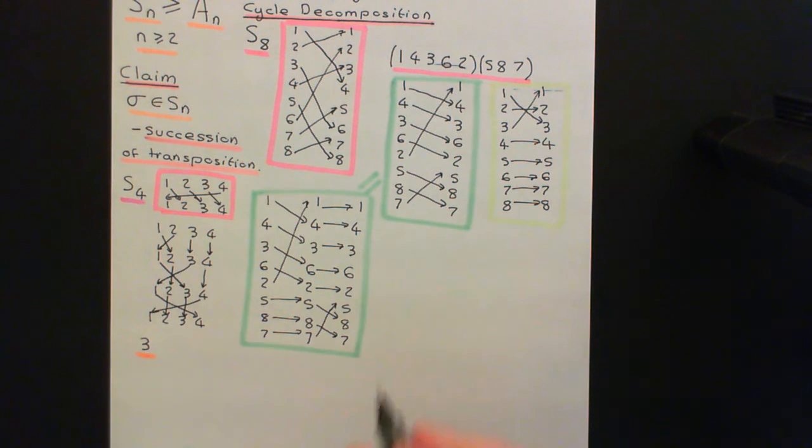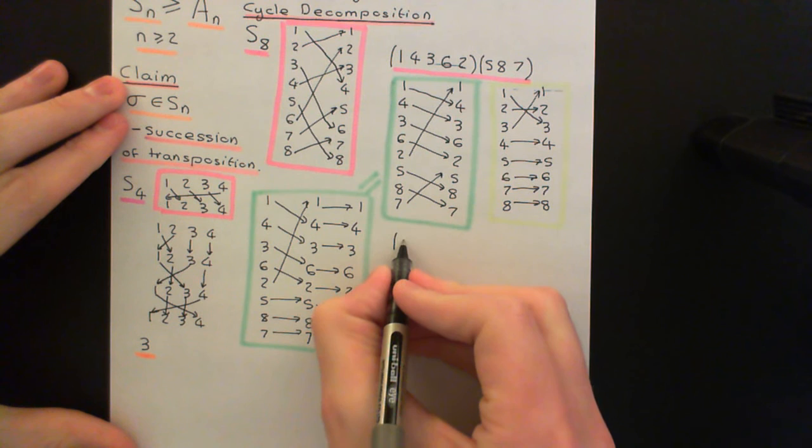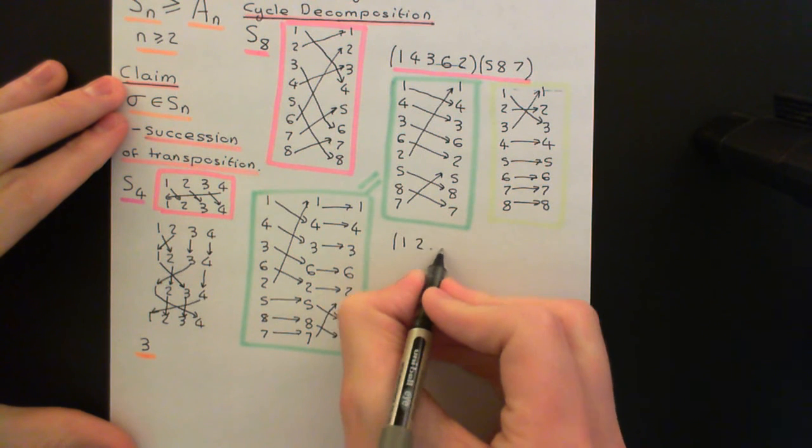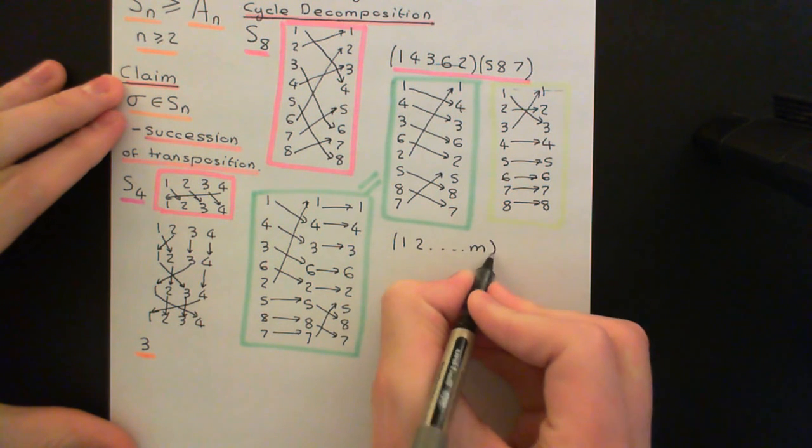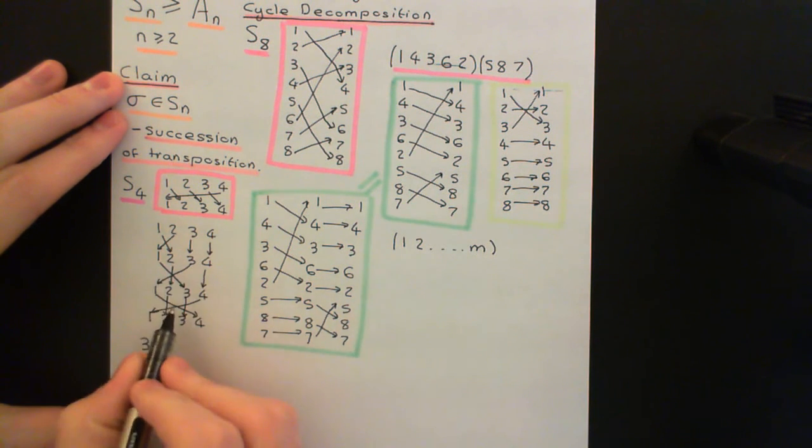Okay, more generally, if we've got the m cycle, 1, 2, all the way up to m, we can do a very similar procedure to this.